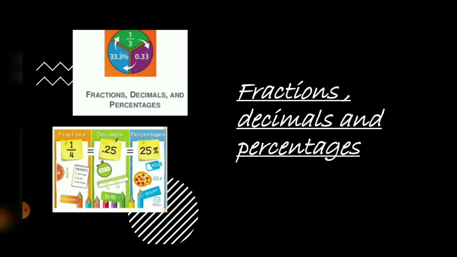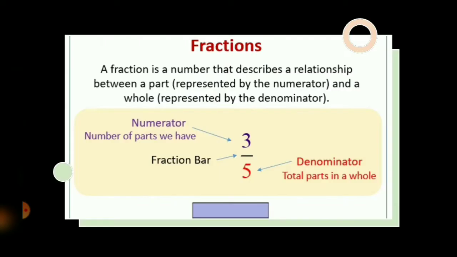Okay, let's get started. Now, what is a fraction? A fraction is a number that describes the relationship between a part, represented by the numerator, and the whole, represented by the denominator. Let's say you had 10 topics in your math portion for exams, and you completed 5 of them. How do you write that?